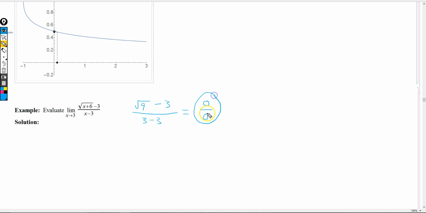So that indicates that this limit may exist, and let's try the rationalization technique, because after all, we see this square root right here minus a number right here. That is a giveaway for the rationalization technique. So what we're going to do is multiply by and divide by the same thing.